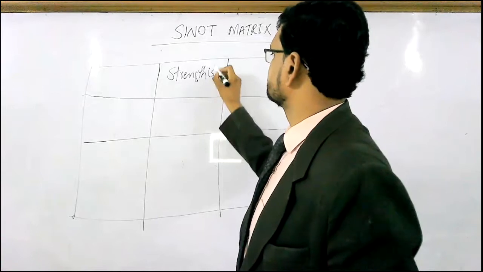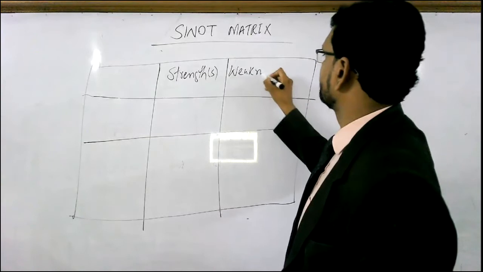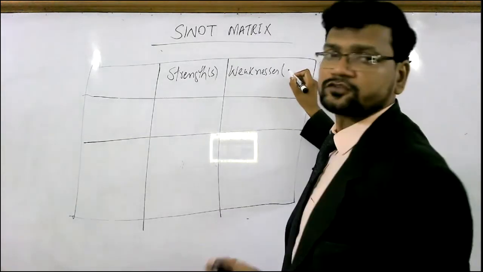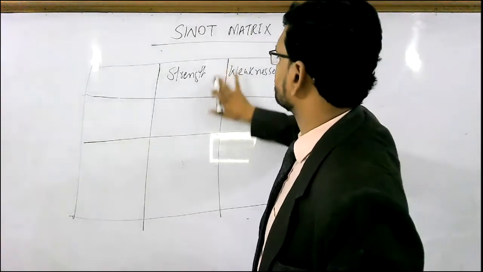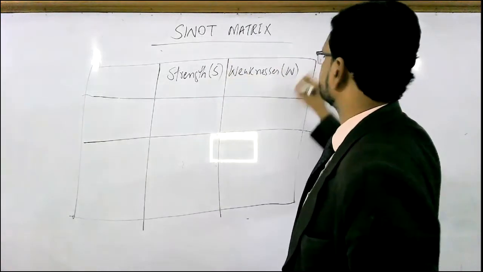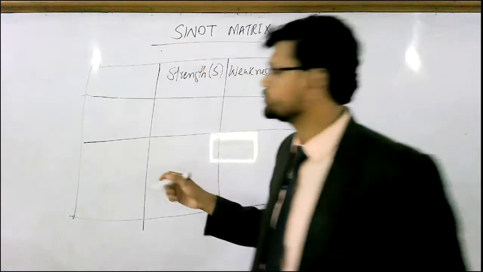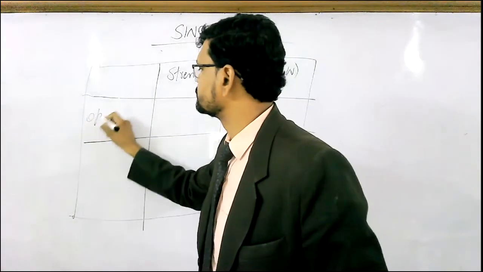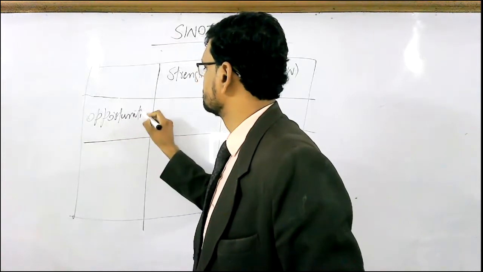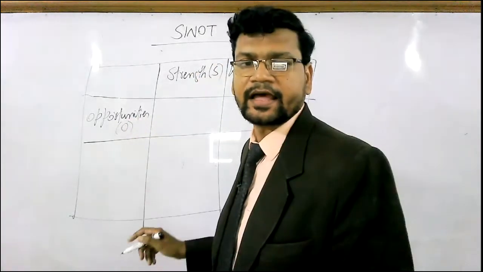This is weakness. We can also denote strength and weakness by S and W. Similarly, we have the opportunities, which I denote by O, and then here I have threats.